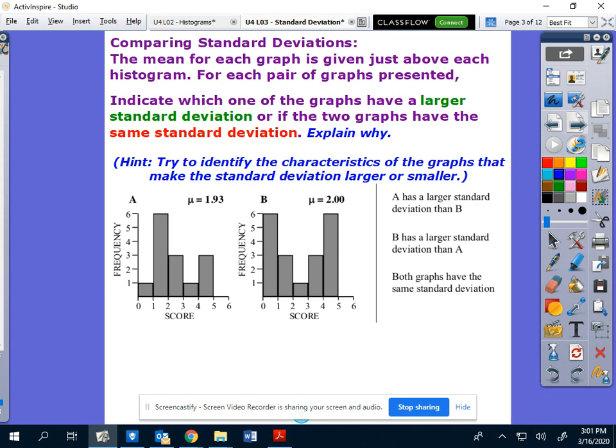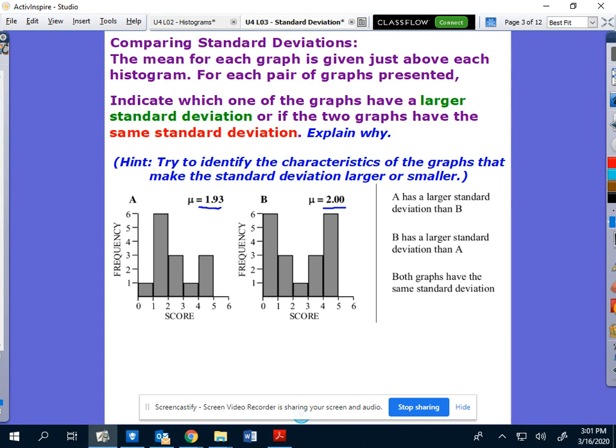The mean is 1.93 and 2. But what we want to look at is which of these has a larger standard deviation than the other. Or if they have the same, you can say that they have the same. So it's key here to look at how spread out your data is from the mean. Remember that that's what standard deviation is, how spread out the data is from the mean.